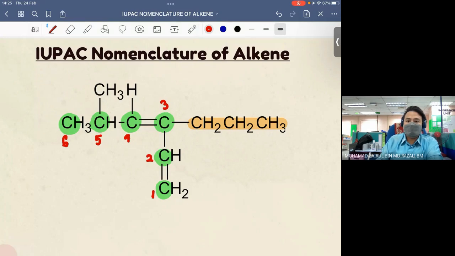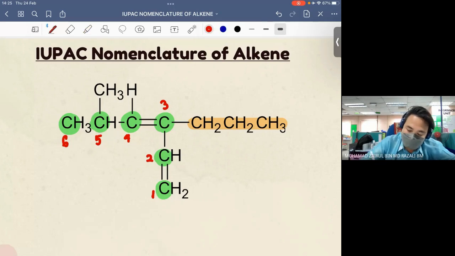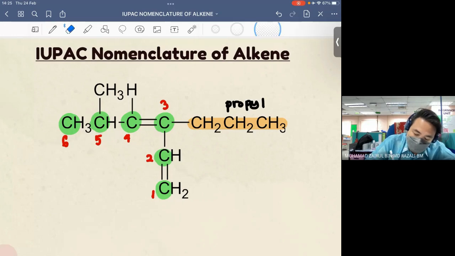Yang saya highlight orange tu. Propil ke sir? Yes, betul. Dia adalah propil. So this one the name is propil. Okay, yang ini hopefully semua orang tahulah. Okay, yang ini nama dia adalah metil.